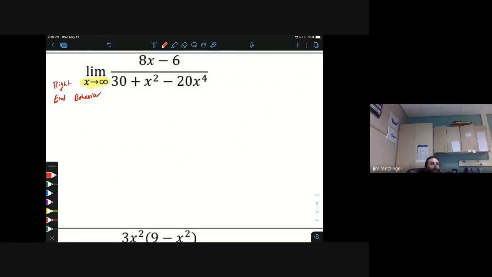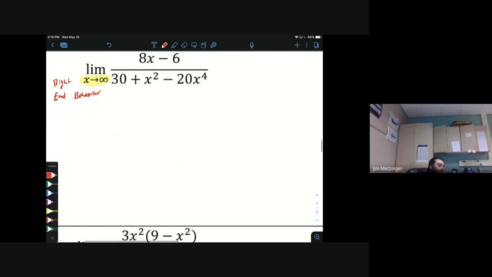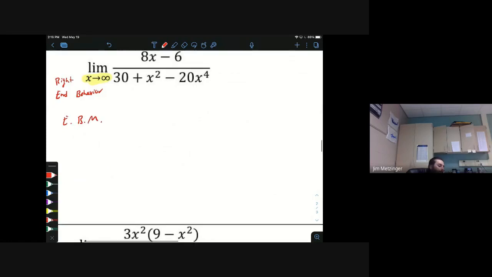When we were in the rational functions unit, there was a way for us to look at a rational function and determine whether or not it had a horizontal asymptote. Desmos is one way, but there's something that I refer to as the end behavior model for rational functions, where you basically have three scenarios. You've got a bottom heavy function, which means the biggest exponent's on the bottom.